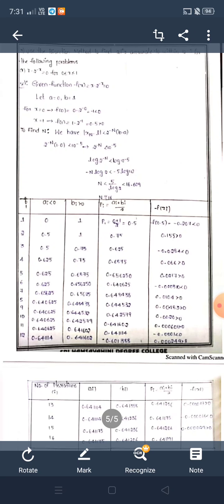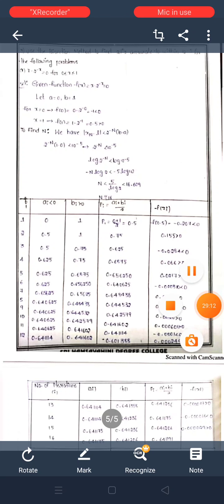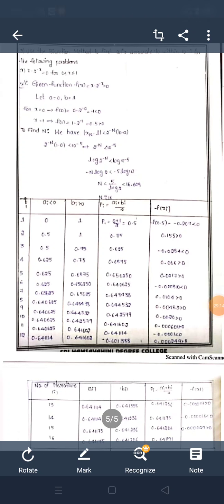Therefore, p16 is equal to x16 is equal to 0.641191, which is the required solution.